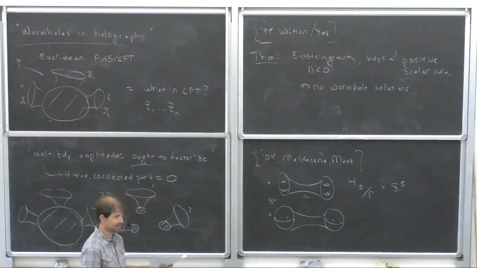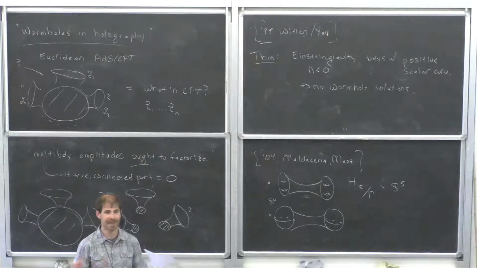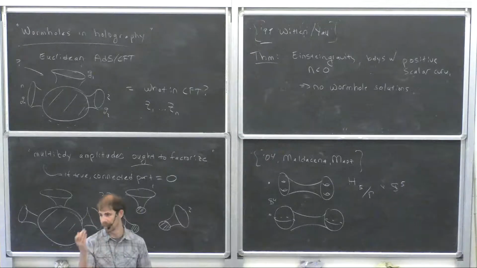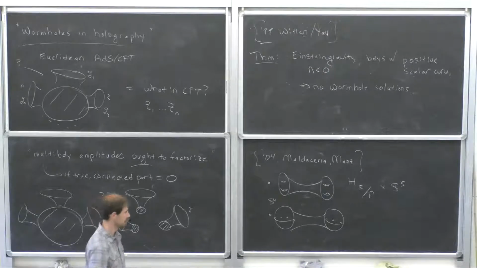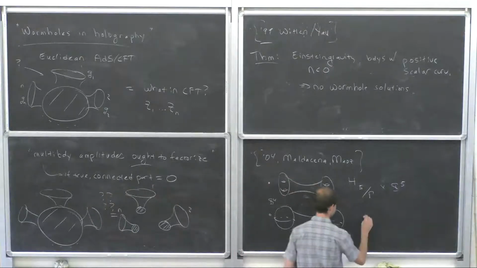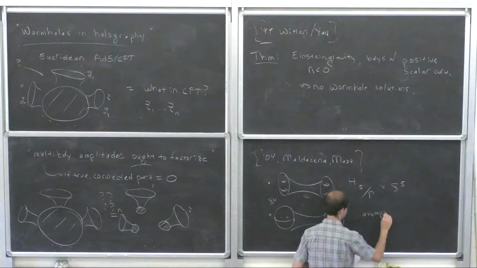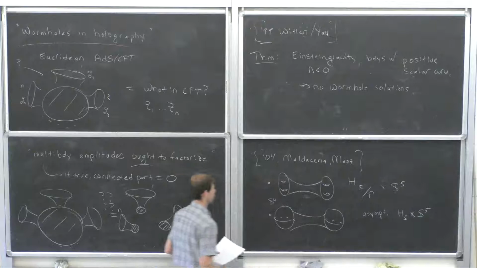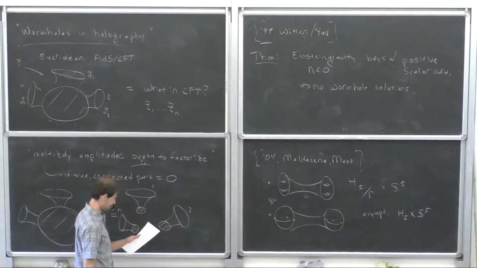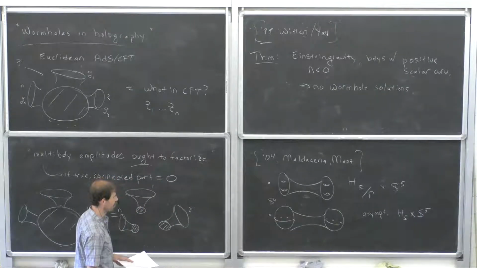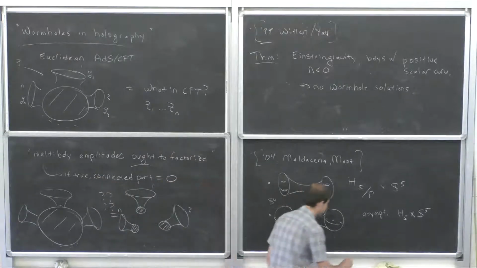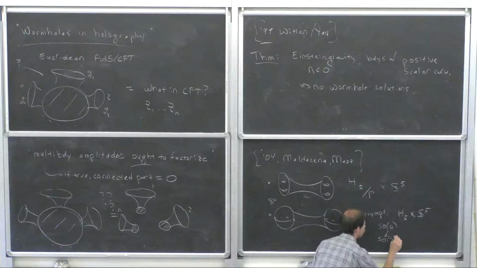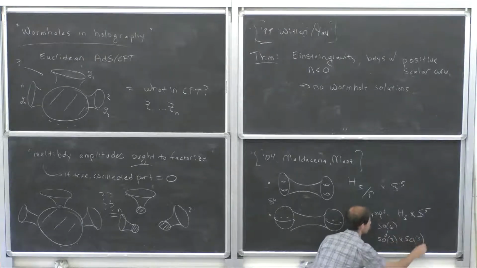Meaning in 10 dimensions, one has a fully complicated 10-dimensional solution where there's mixing between the angles on the S5 and the 5 non-compact directions. And, well, what kind of profile does one have if you decompose SO6 into SO3 times SO3?